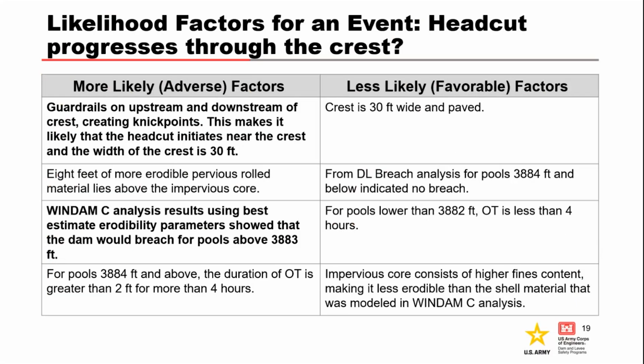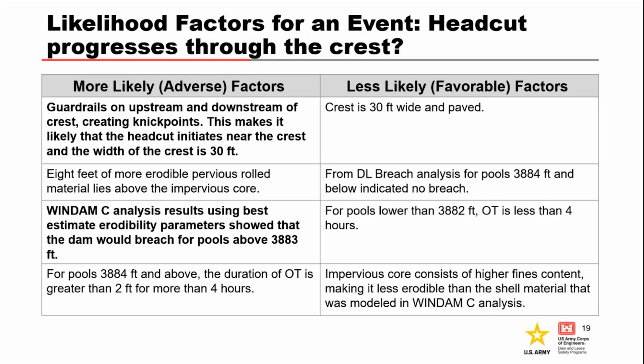So here's an example of a more or less likely table for a quantitative assessment. This is for a node in our overtopping PFM event tree, head cut regresses to crest. You'll notice that they have bolded 2 things on the left for this one.